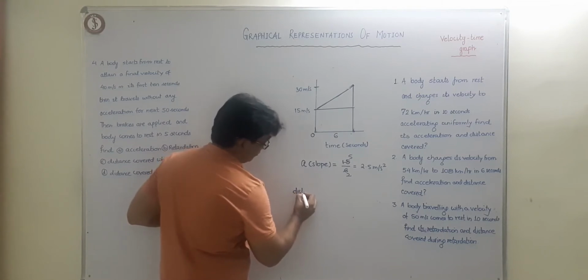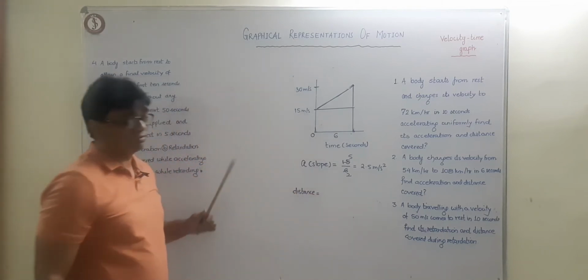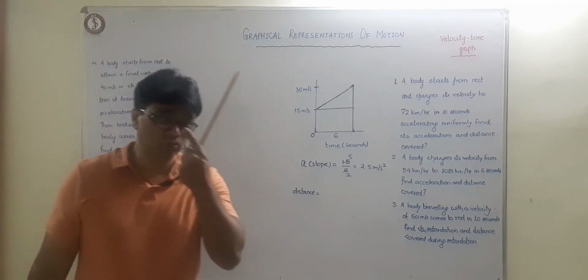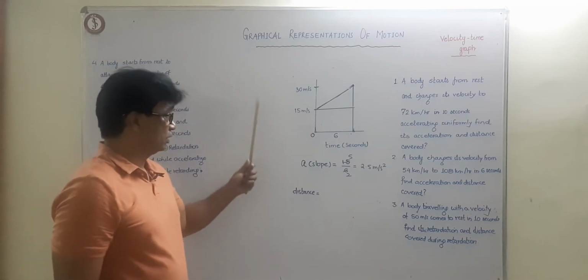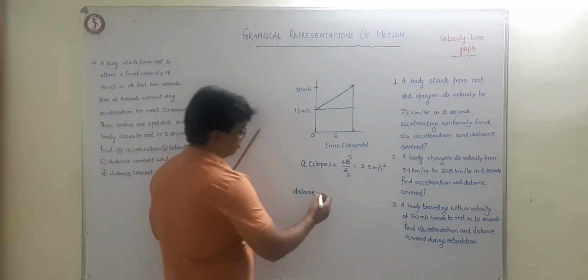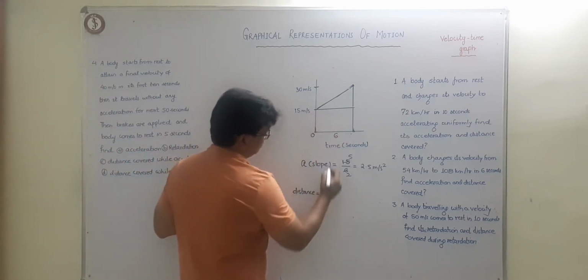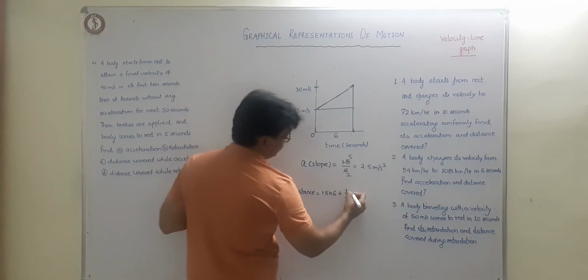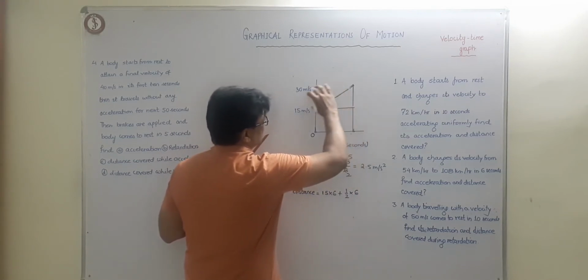When we have a velocity-time graph, we can find out two things: acceleration through slope and distance covered through the area of the graph. So first this rectangle, 15 into 6, and then the triangle on the top: half, base is 6 and height is 15.